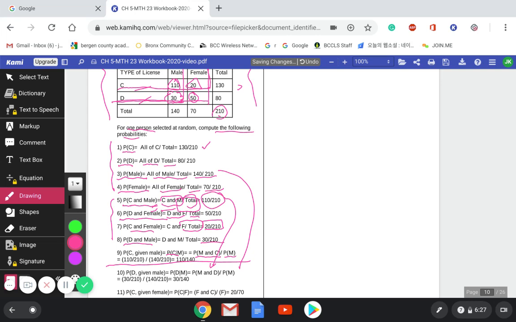So that becomes 30 out of 210 divided by 140 out of 210.